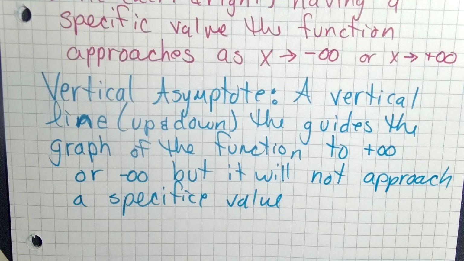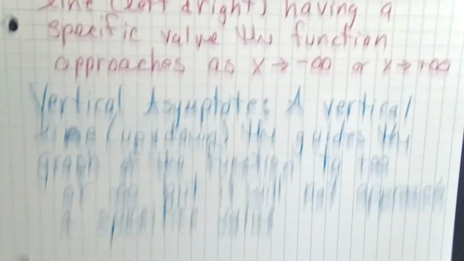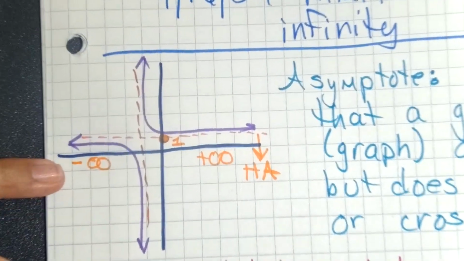I'm waiting for everybody to write the definition, then we're going to go back up to the picture. Ready? Okay, let's look at the picture. So we've seen a horizontal asymptote.